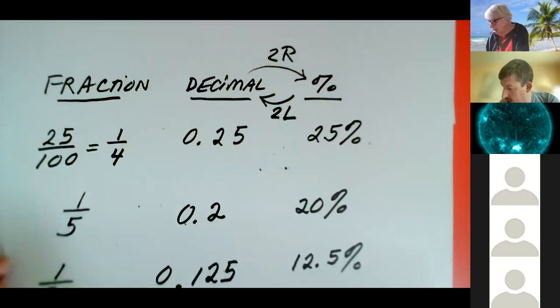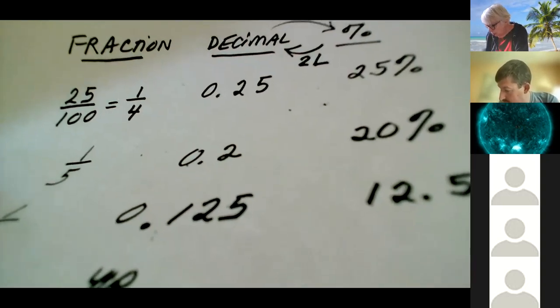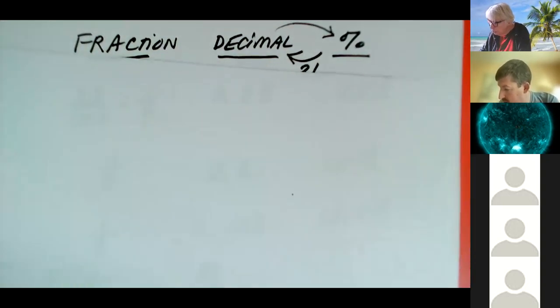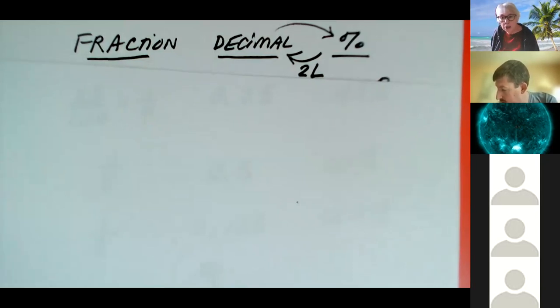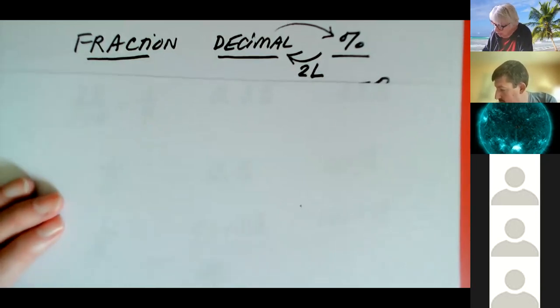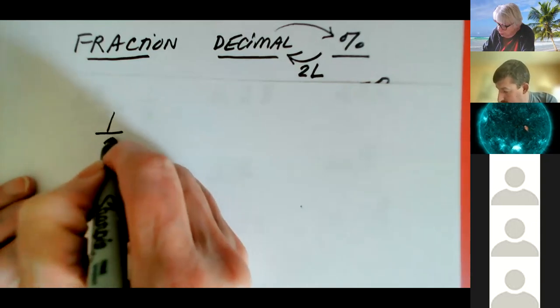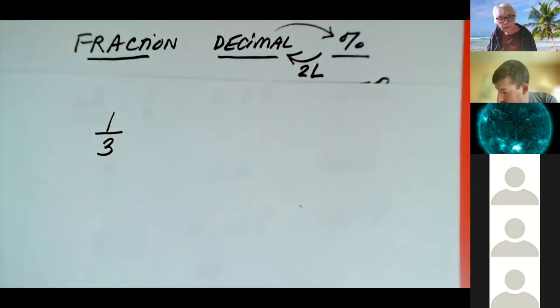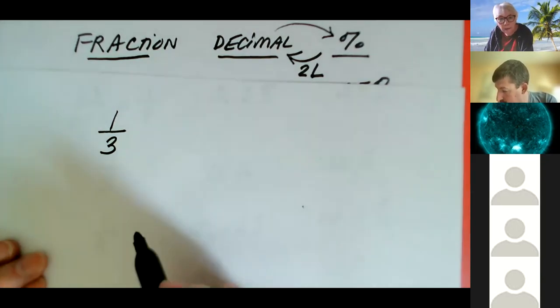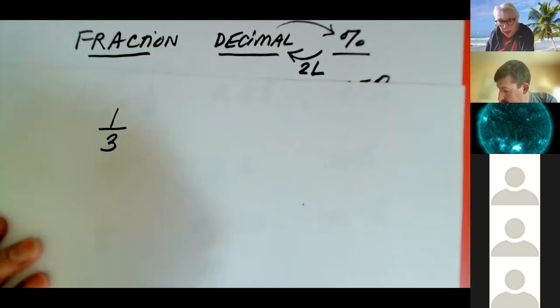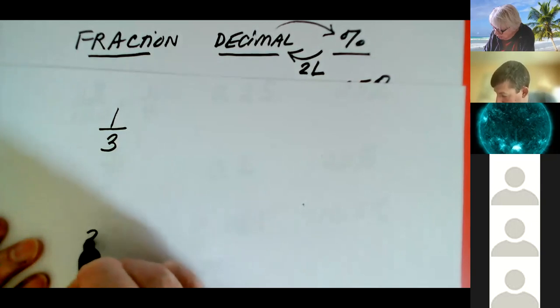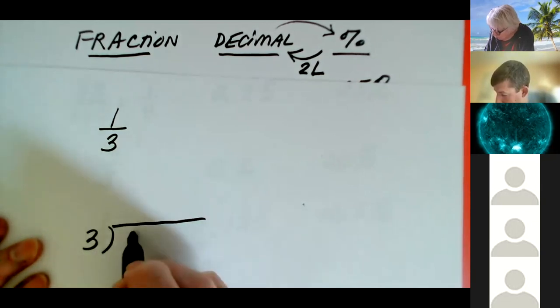Now, it turns out there's a couple of weird ones. And the 2 weird ones are actually worth noting. If I started with a fraction 1/3 and I had to make it a decimal, okay? I'm going to scribble on this page. So this becomes 3 into 1.